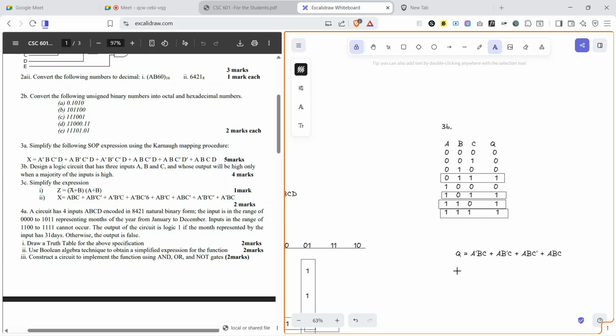So we can simplify this further. We can simplify this to be A bar BC plus AB bar C plus AB into C bar plus C. So Q will be equal to A bar BC plus A bar C plus AB.